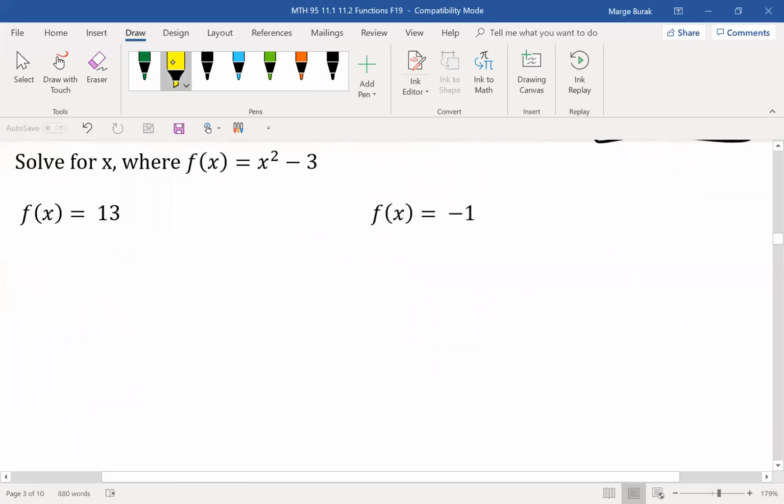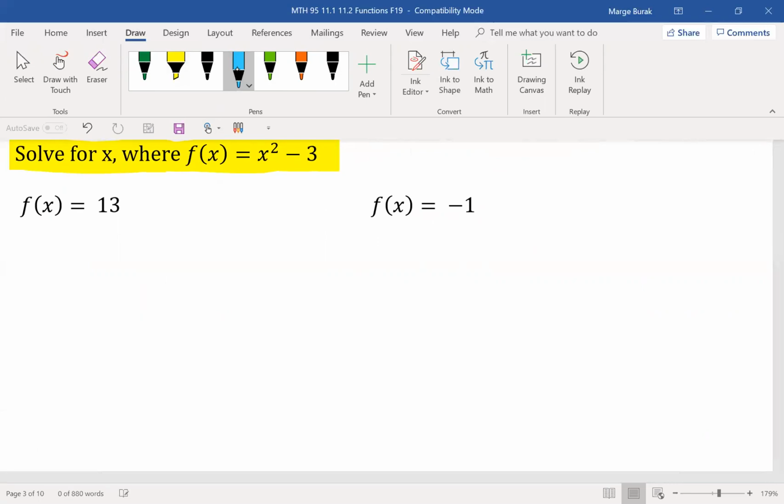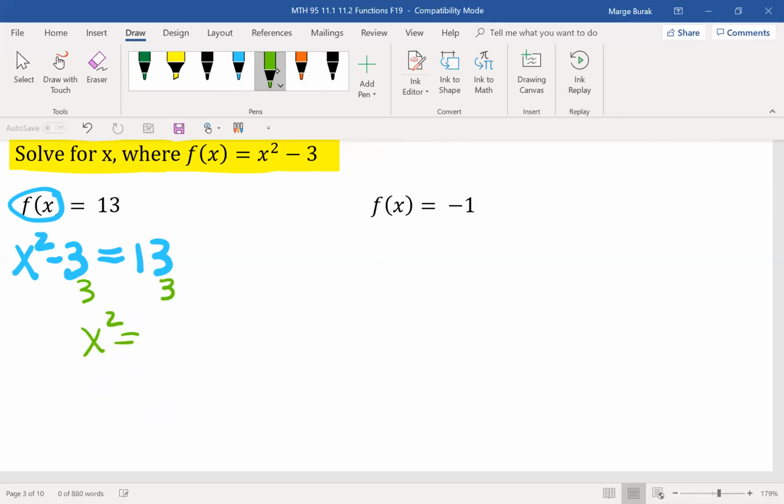Okay, we'll try one more of these and then we'll take a break. Actually, we'll try a couple more. Okay, so this is another equation, only it's a quadratic. So we're going to take our quadratic, x squared minus 3, where f of x is, and set it equal to 13. And now, since there's no b term here, I'm going to just add 3 to both sides.